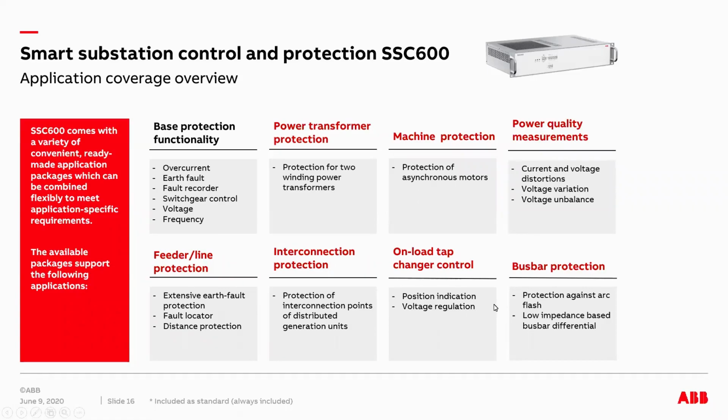For bus bar protection, we have the option of arc flash detection within the switchgear, and also low impedance based bus bar differential protection. All that can be achieved using SSC 600.